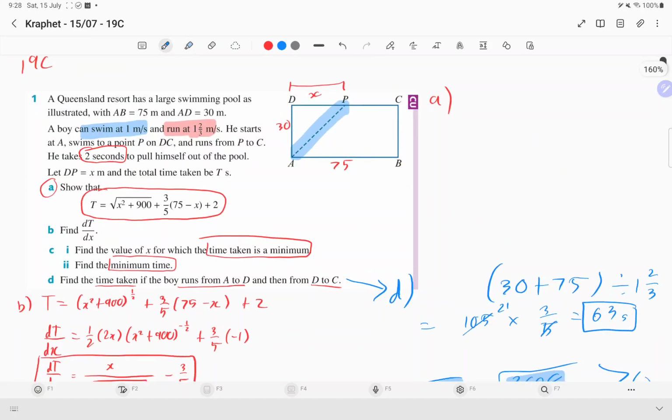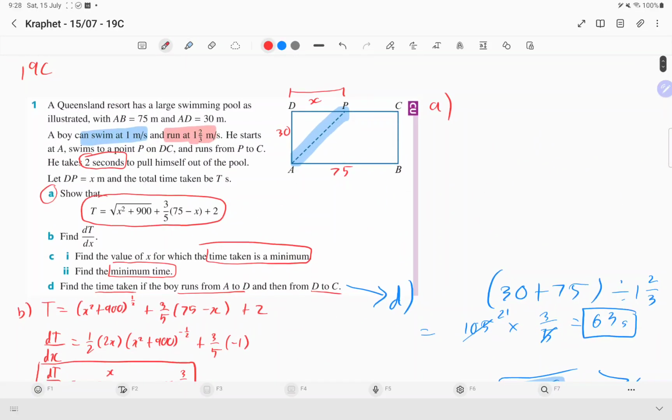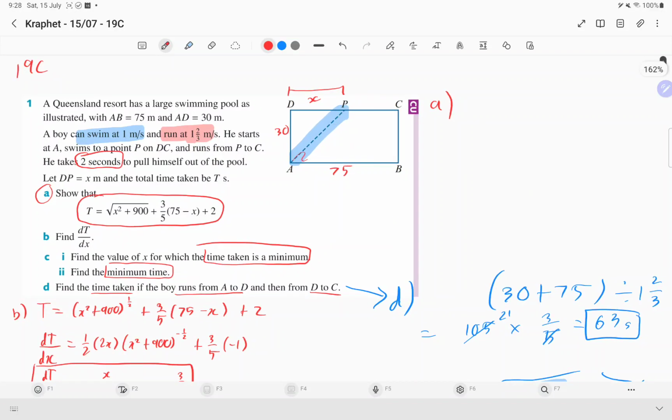Now for question A, show that the time taken. Now, in order to do this, well, actually it's not too bad. Just need to remember AP, so the time taken would be, again, the distance AP divided by 1, that's the swimming speed, plus the distance PC divided by 5/3, and then plus 2, because 2 seconds to get out of the pool.